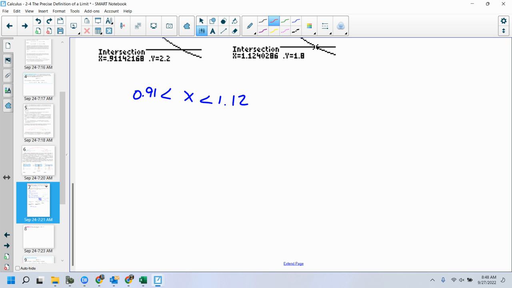So this delta here would be equal to 0.12. What would this delta be equal to for this one? 0.09, right? You always want to go with the smaller delta.